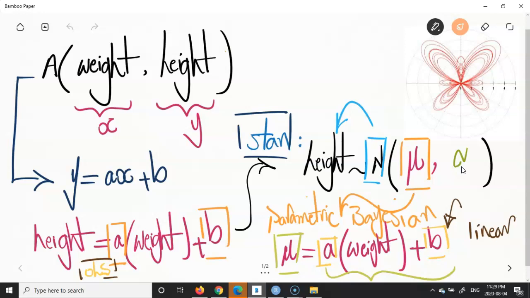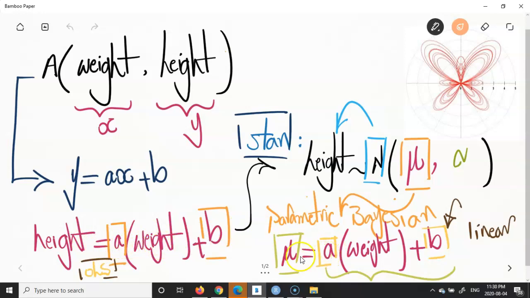We said that the name parametric Bayesian comes from the fact that, even though we can have a clear and explicit value for the sigma, normally we define the parameter nu as a model. For example, the model for height is slope times weight plus b.